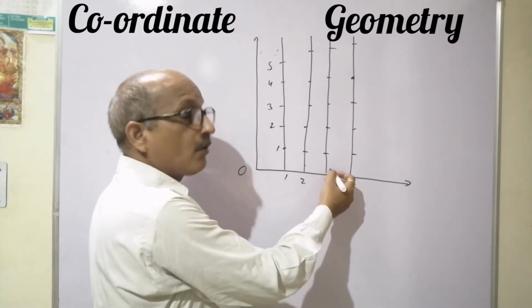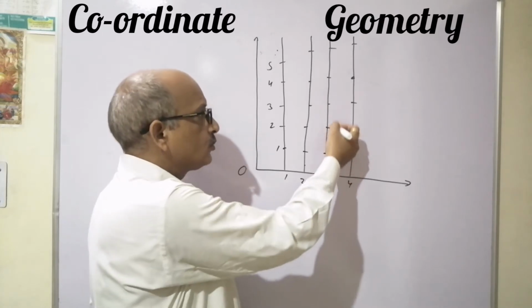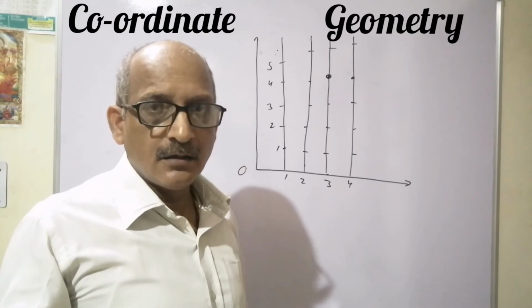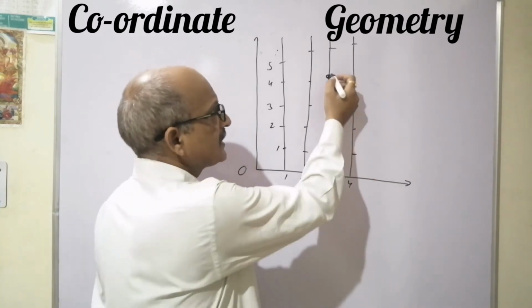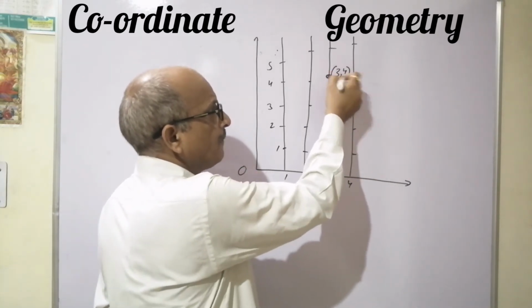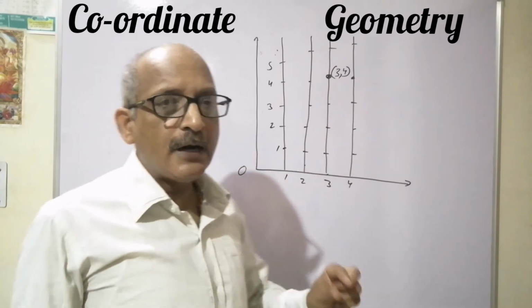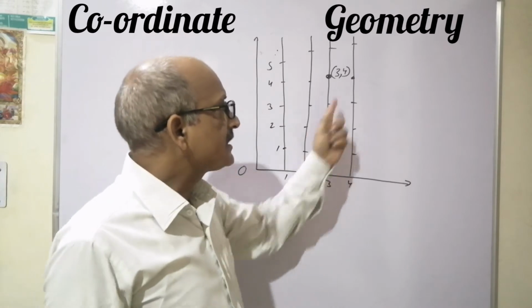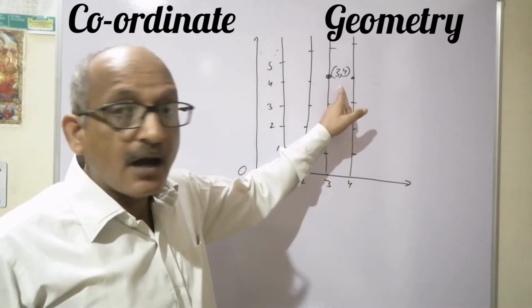Then house number 4 in this street, 1, 2, 3, 4. So this is the point where you have to reach. This is 3, 4, meaning you have to approach the point 3, 4 mathematically. This is the address of that house.